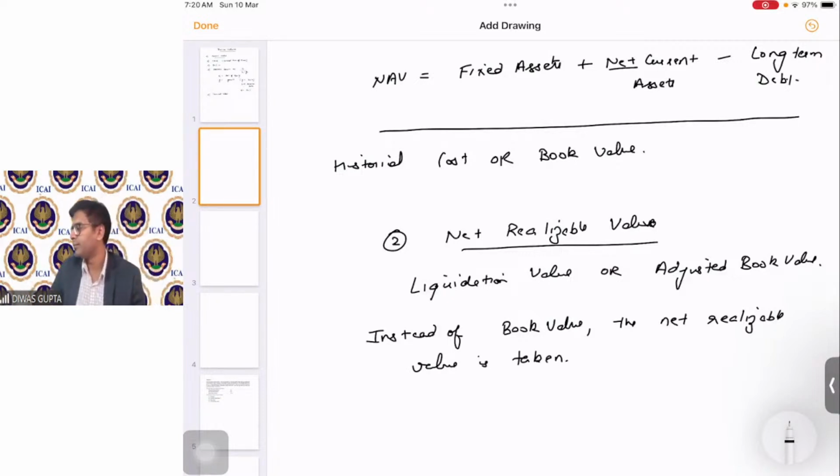The net realizable value is taken, students. Simple, and the formula remains the same.